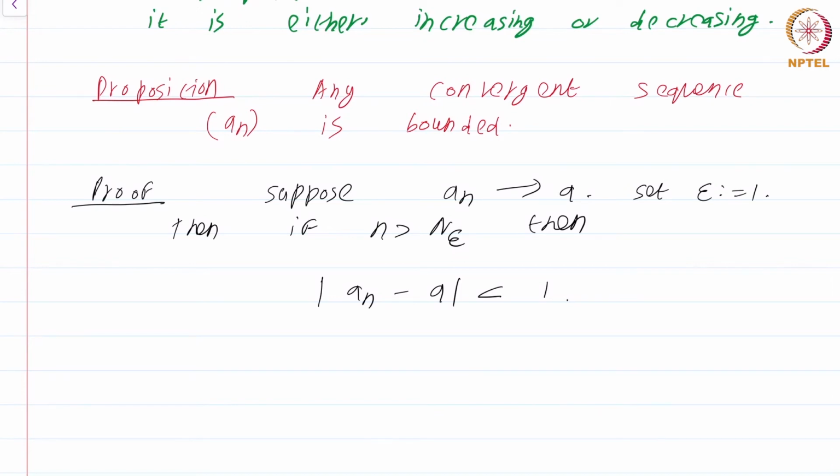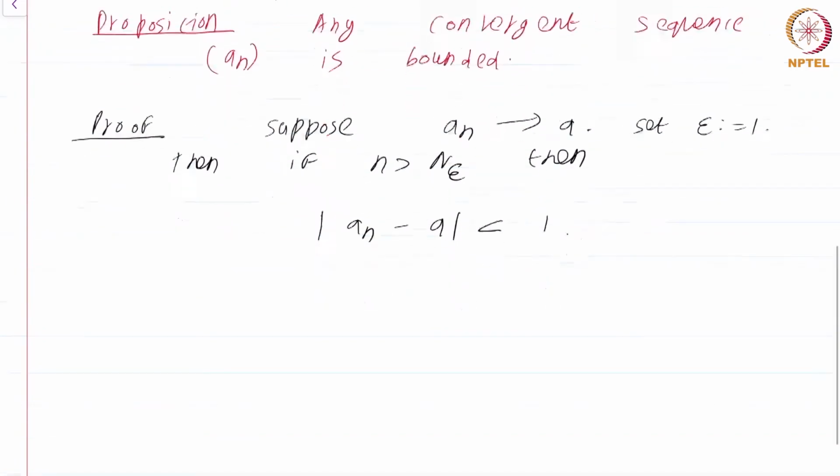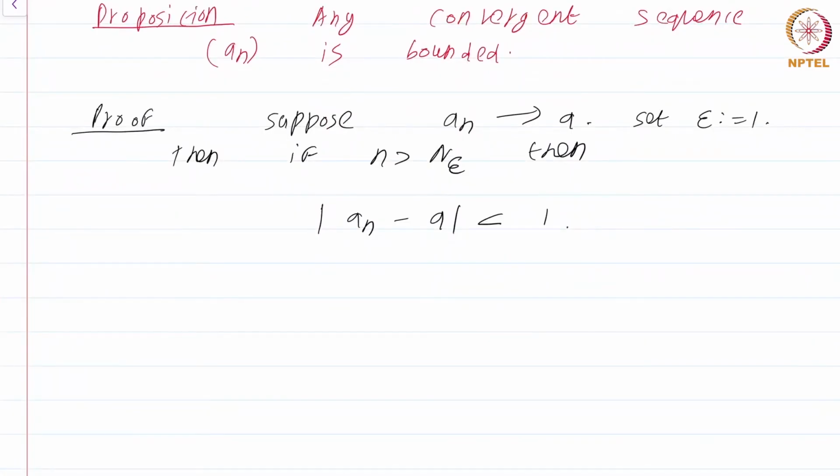That is, whenever the number small n is greater than n_epsilon, the terms of the sequence A_n must be at most epsilon close to the limit. Here epsilon is 1. But by the reverse triangle inequality, this is just saying mod A_n minus mod A is less than 1. In other words, mod A_n is less than 1 plus mod A. So it seems like we have already satisfied the definition of bounded, but not quite.